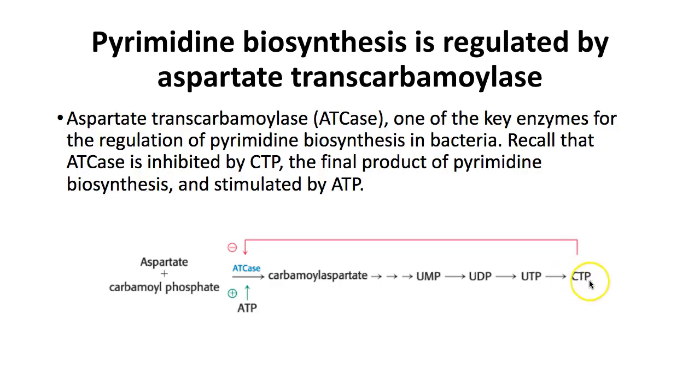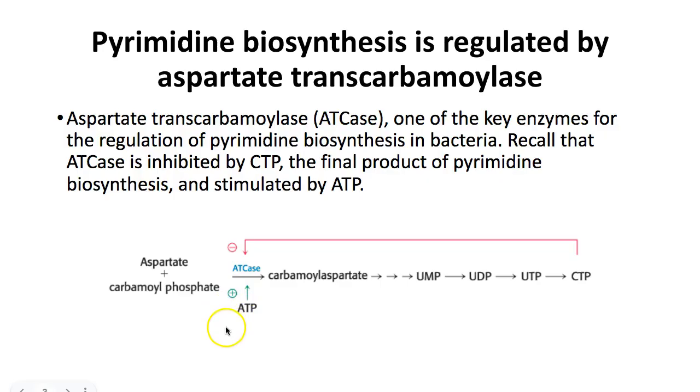So that CTP is used as an inhibitor of the enzyme aspartate transcarbamylase. That's why you can stop the production of that pyrimidine type of base.